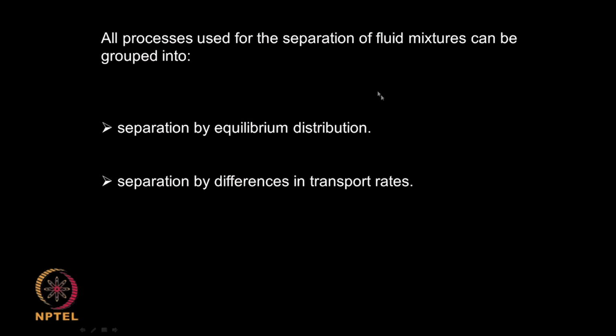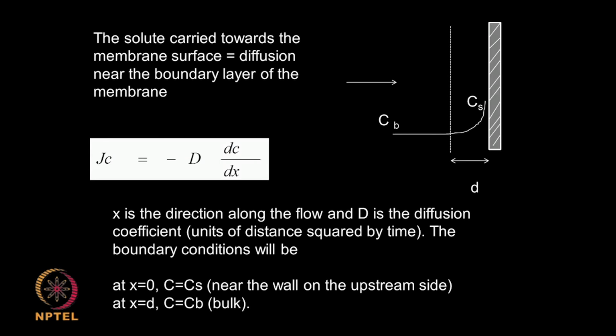So, basically membrane technology can be grouped as separation based on equilibrium distribution, separation based on differences in transport rates. Transport rates happen because of charges, because of concentration gradient and so on, or osmotic pressure. So, these are the principles by which membranes work.